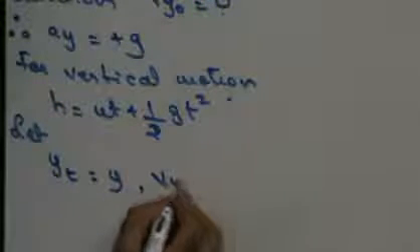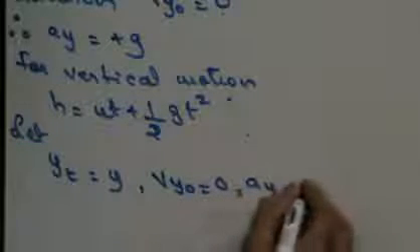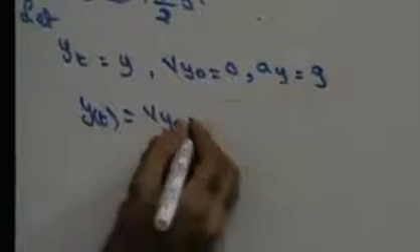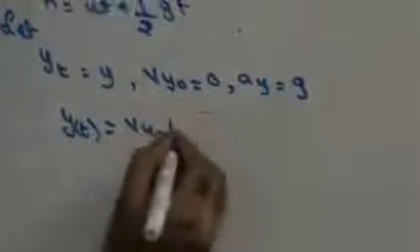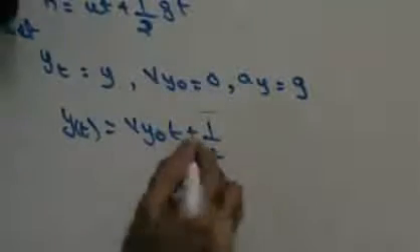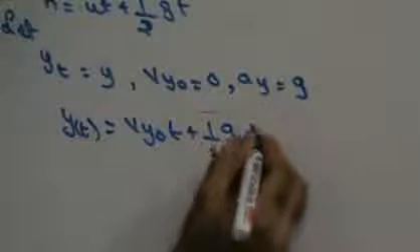We have already said that Vy0, the initial velocity, is 0 and acceleration along y-axis is g. Now this can be written as yt is equal to Vy0 into t plus half gy t square.